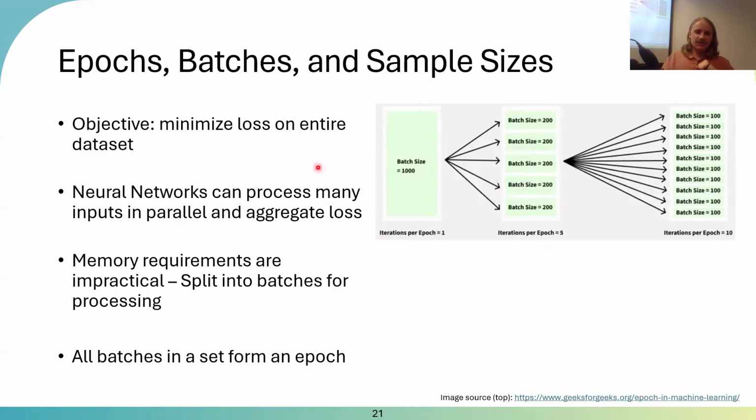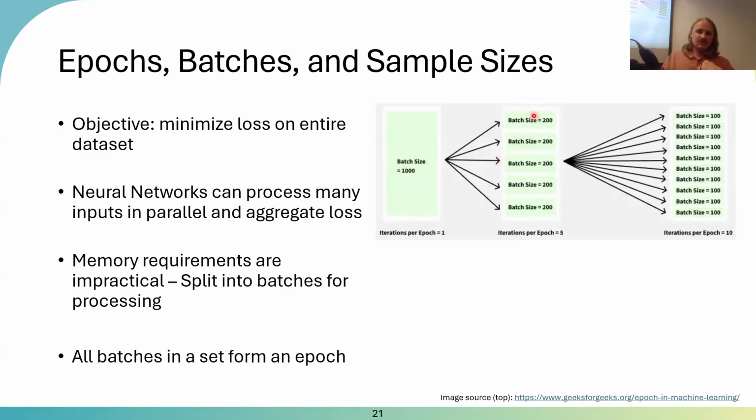The image that I'm showing here gives you an idea of how you might split up your data. Say your total data set has 1,000 samples, or 1,000 data points.